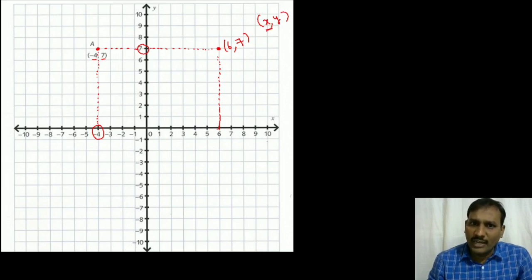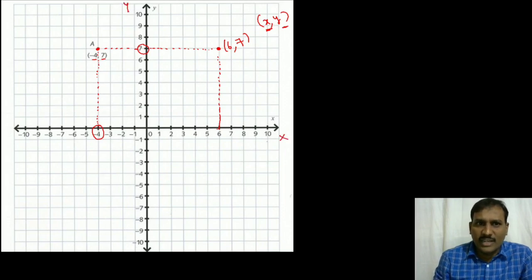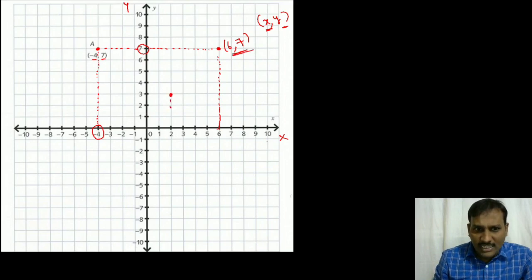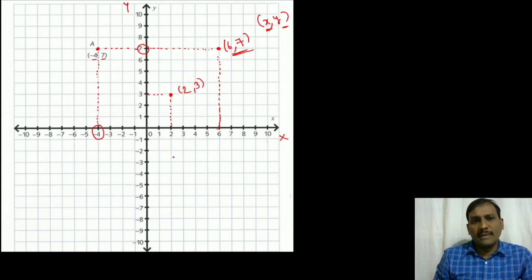As this is the x-axis and this is the y-axis, first you represent the x value, then the y value. So this is 6 comma 7. Suppose you take this value: on x it is 2, and on the y-axis it is 3. So the point is 2 comma 3.